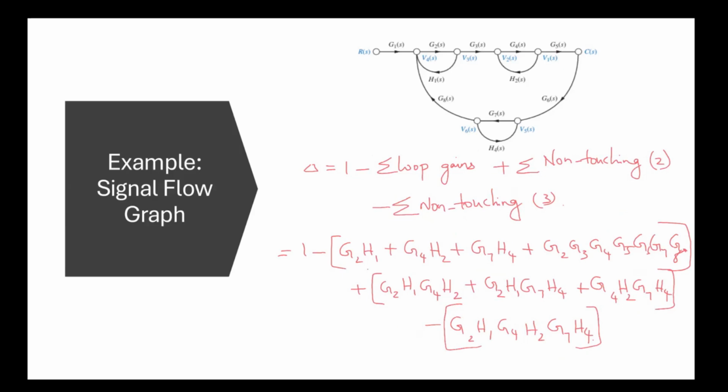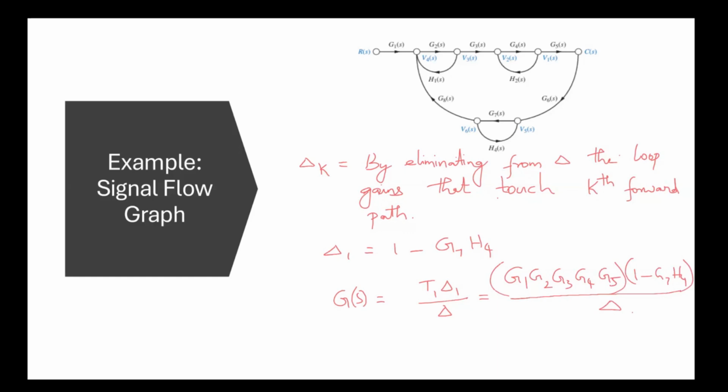So these are the loop gains. Plus G2H1 G4H2, G2H1 G7H4, plus G4H2 G7H4. These are the summation of the loop gains of non-touching loops taken two at a time. And finally, minus G2H1 G4H2 G7H4. These are the non-touching loop gains taken three at a time.